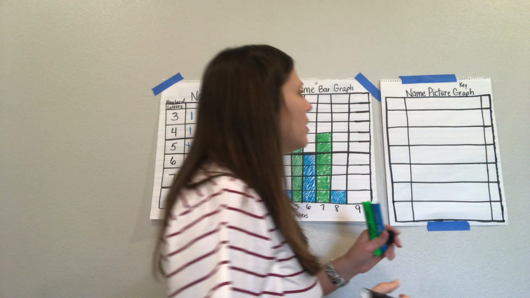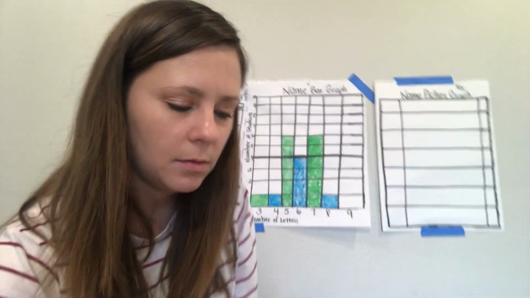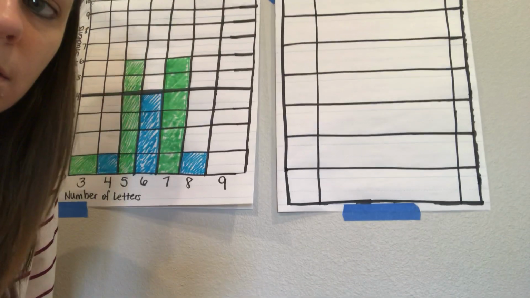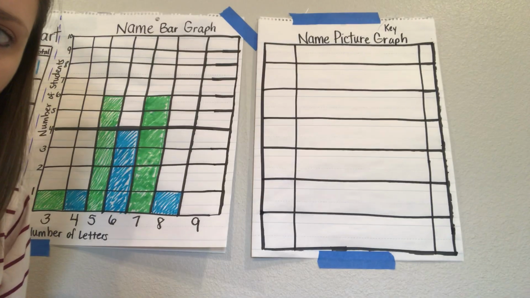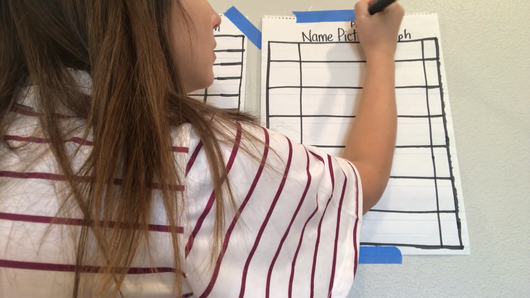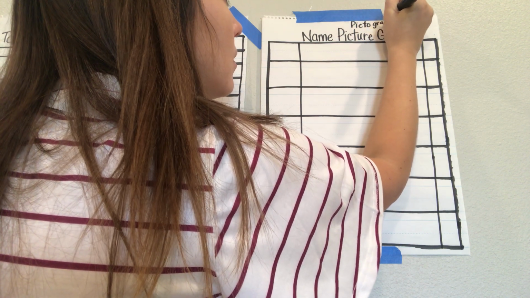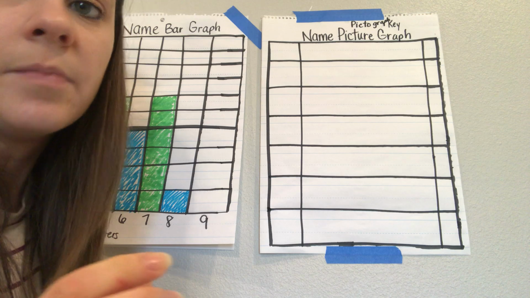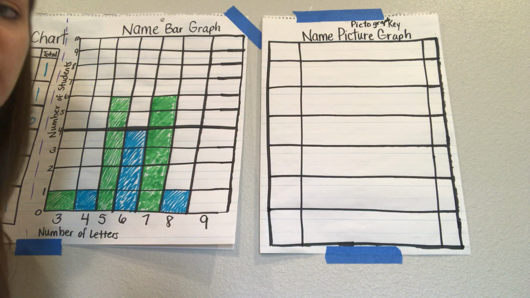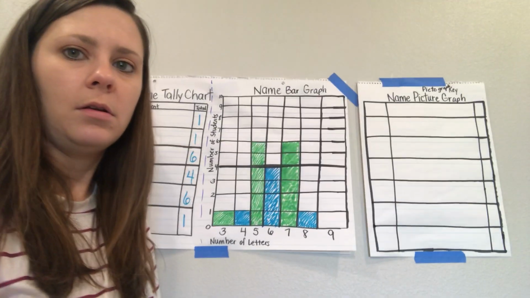I'm going to also write up here, I don't know if y'all will be able to see it or not, how to spell pictograph. It's still kind of hard to see, but just remember, it can be called a picture graph or a pictograph. We'll keep talking about that as we go on this week.